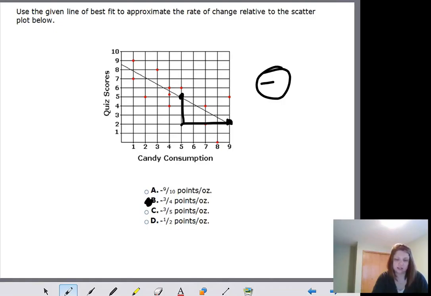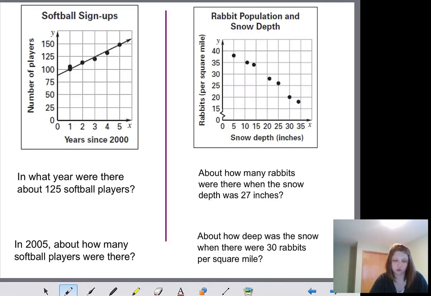All right, and the last example that I want to show you, you may have something similar to that. For example, softball sign-ups. The number of players will be on your y-axis and years since 2000 will be on your x-axis. And once you have the given data, they ask a couple of questions. The first one: in what year were there about 125 softball players? So now you have to look through the softball players. 125 is here.